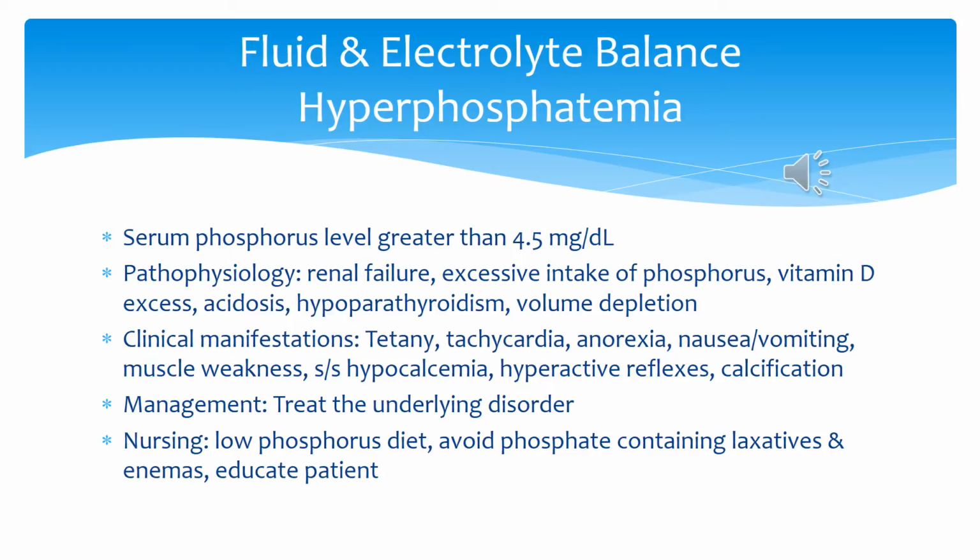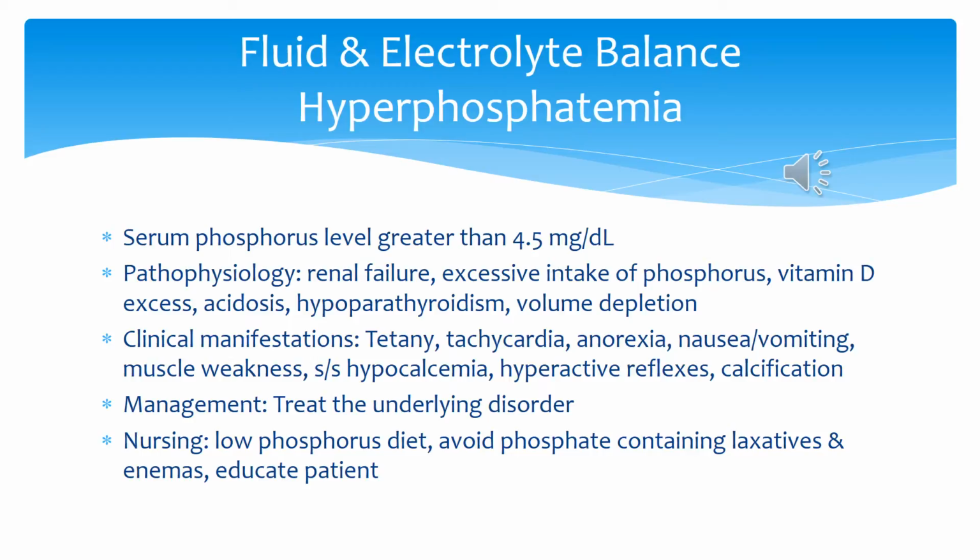Other causes include increased intake, decreased output, or shift from the intracellular to extracellular space, conditions such as excessive vitamin D intake, administration of total parenteral nutrition, chemotherapy for neoplastic disease, hypoparathyroidism, metabolic or respiratory acidosis, diabetic ketoacidosis, acute hemolysis, high phosphate intake, profound muscle necrosis, and increased phosphorus absorption.